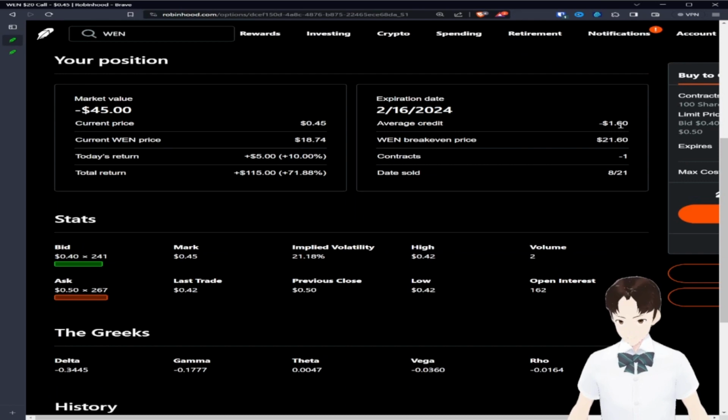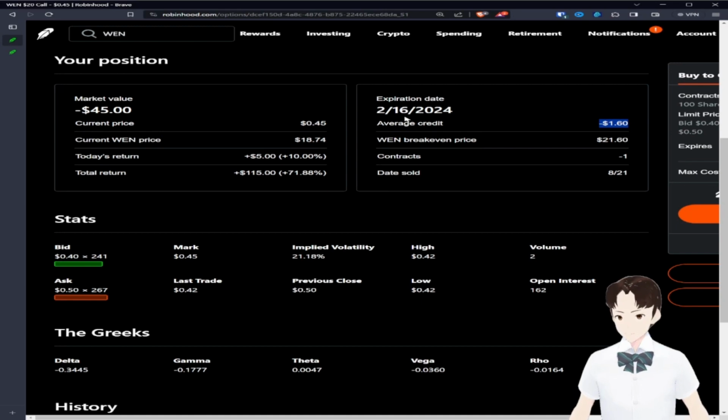I got $160 for this covered call. You would take $160 divided by your average cost, which for me is $23. Now remember, you have to times that by 100, so it's $160 divided by $2,300.